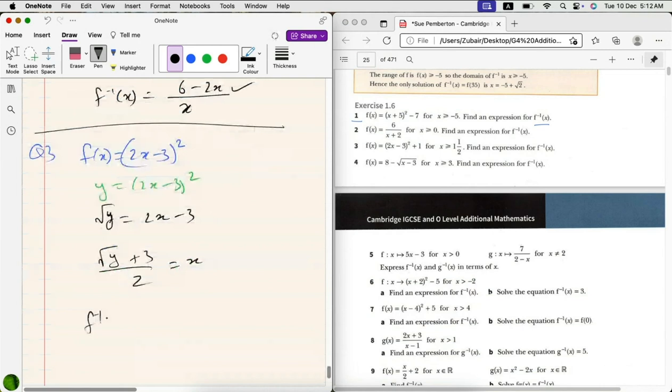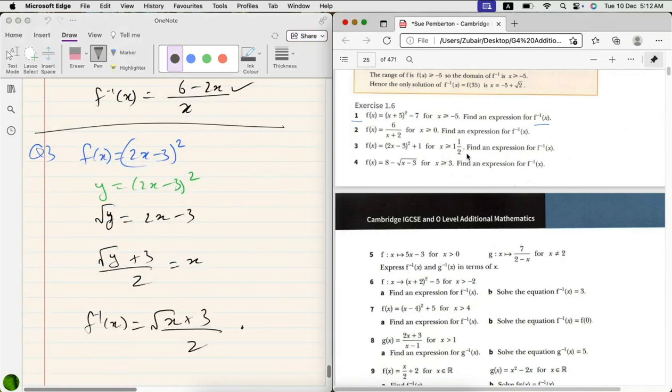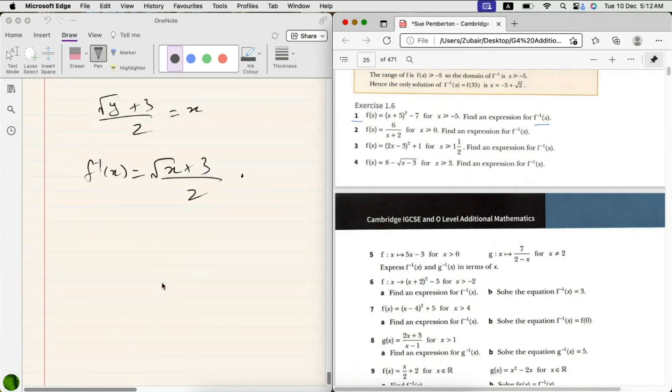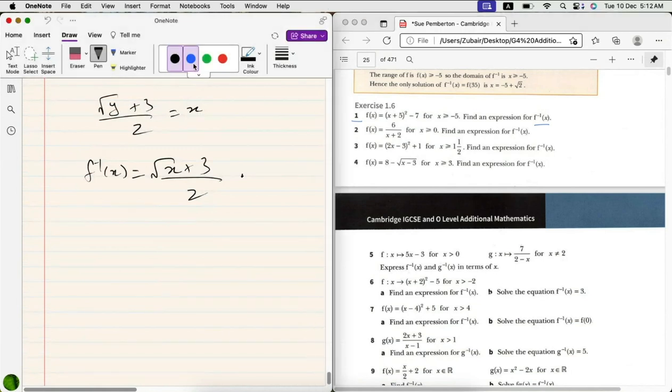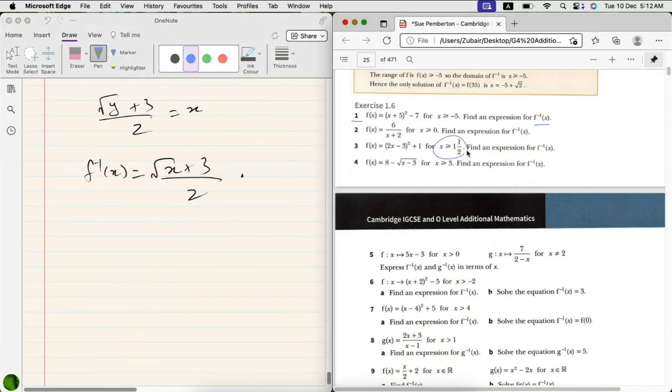And f inverse x is equal to (square root x plus 3) by 2, which was valid for x is greater than 1 by 2. Find an expression for f inverse. When we have a turning point, it is accepted on right of it or on left of it.